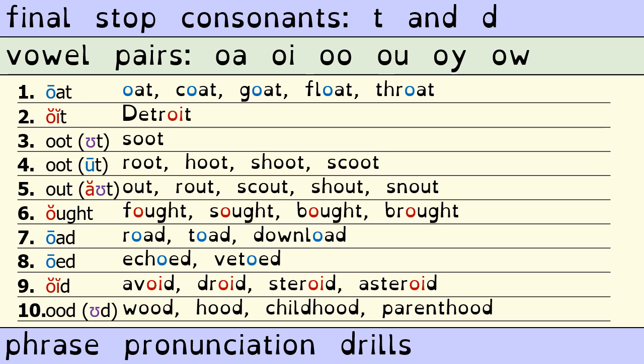Let's continue with our O vowel pairs. Repeat after me. 1. Oat, oat, coat, goat, float, throat. 2.